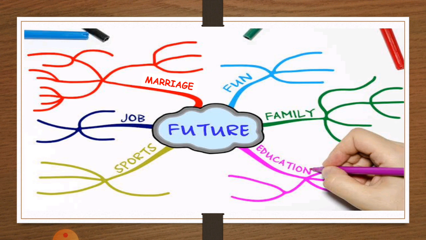Students, here you have another example of mind mapping focusing on your future life. So future is your main concept, and fun, family, education, sports, job and marriage, these are secondary things related to your future. You can also add some words for fun, such as picnic, trekking, visit to amusement park, like this.